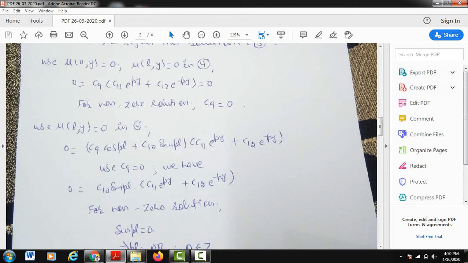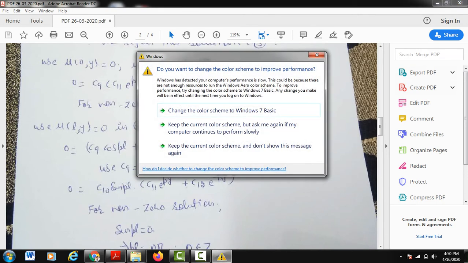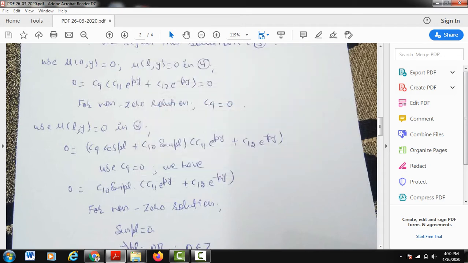Again for the non-zero solution, this factor will be non-zero, so the only possibility is C9 equal to 0. The next condition is u(l,y) is 0 in equation number 4, so I am getting (C9 cos pl + C10 sin pl)(C11 e^(py) + C12 e^(-py)). So again we are having C9 is 0.